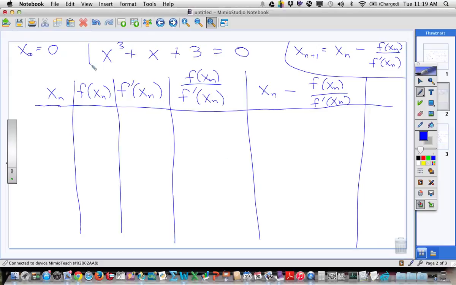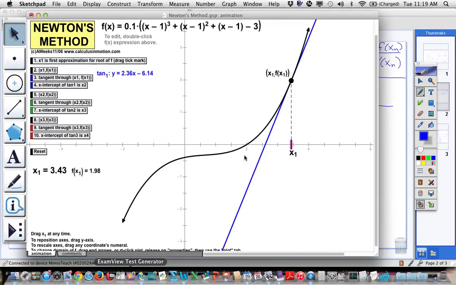So here's our function. Now again, don't lose sight of what we're trying to do. We're trying to find where this function crosses the x-axis. We came up with that formula by setting this line equation equal to 0, finding where this line crosses, because if we repeat and repeat and repeat, the place where the line crosses is getting closer and closer to where the curve crosses.